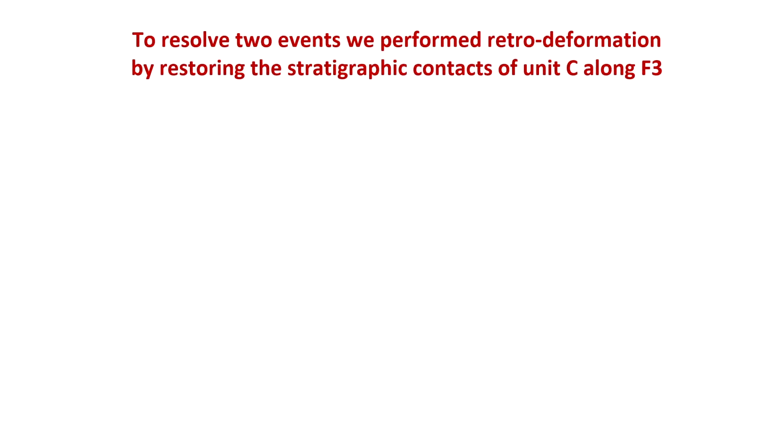To resolve two events, because looking at the amount of displacement, it was quite appealing that there are probably two events, and this D unit has moved twice as compared to the C unit. So, that has to be resolved. Then we started doing that.